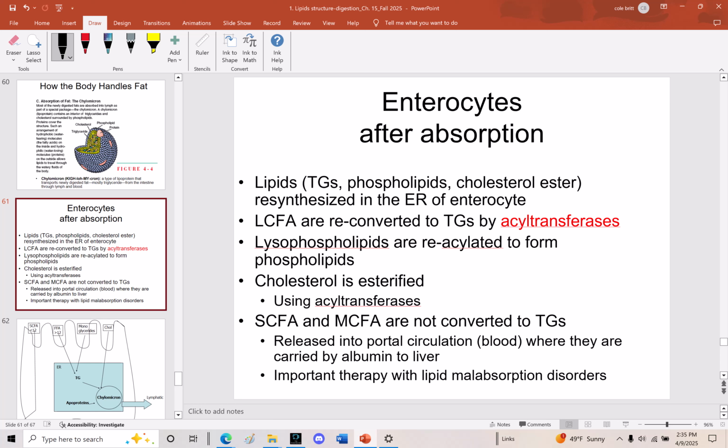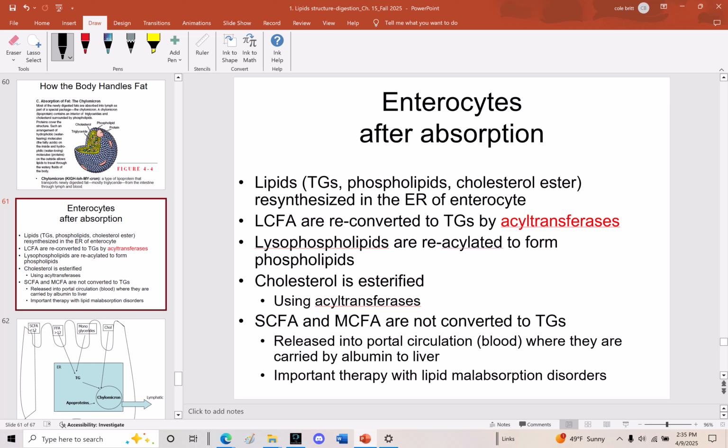So acyl transferase is just a general name for an enzyme that puts a fatty acid on something. If you take a fatty acid off, it's called something else. But if you put a fatty acid onto something, it's an acyl transferase that does that.